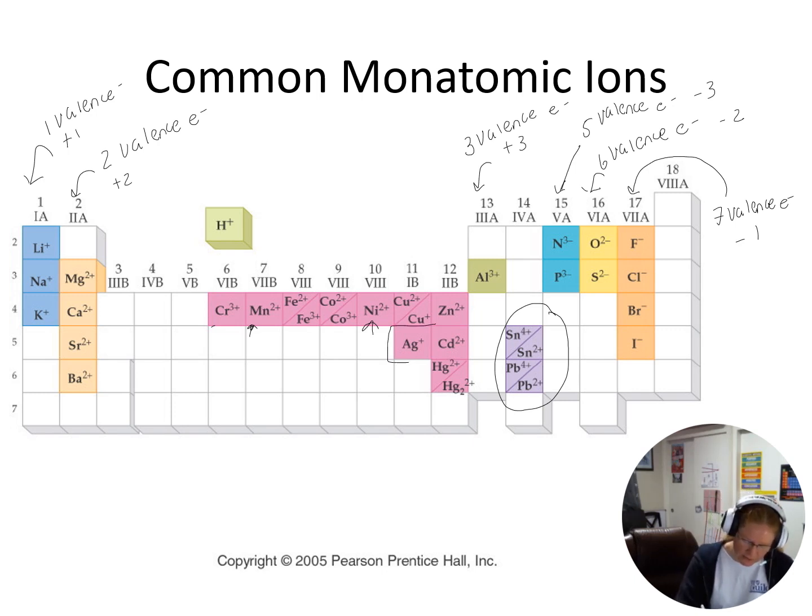Okay, our transition metal exception comes in with these three guys right here, okay? Silver, cadmium, and zinc. These are three transition metals that do have a fixed charge. Okay, so silver is always a +1. Cadmium is always a +2. And zinc is always a +2.